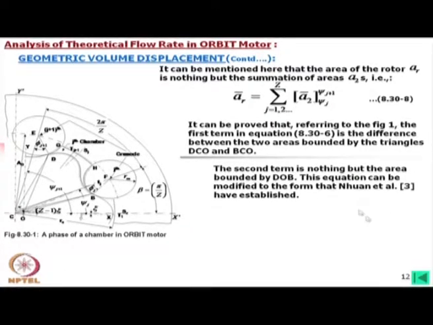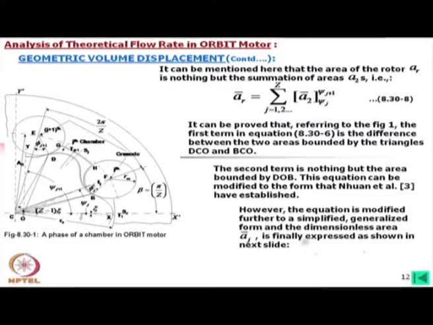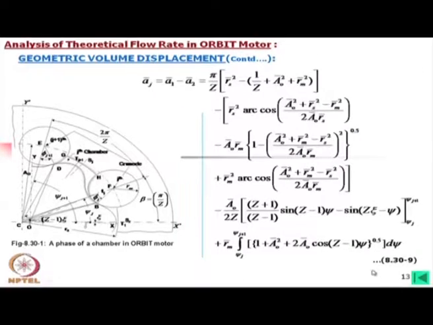Now, the second term is nothing but the area bounded by d O B. This equation can be modified to this form. In one reference, you will find that he developed the formula in another way. To me it was more cumbersome, but I have simplified this formula and we arrived at this form, which we will see in the next slide. Okay.